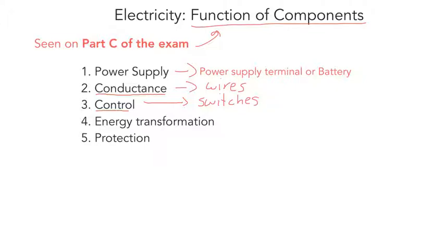Now, number 4, this is the one where it makes sense, but a lot of people tend to have difficulty when they're looking at this. Energy transformation. So elements that are involved in energy transformation are any element that causes a change of energy.